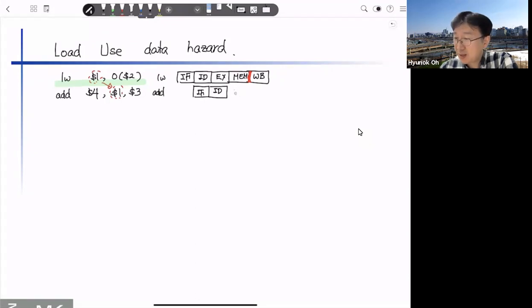So this cannot start here. We can start execution at this moment. So how many bubbles do we need? We need a single bubble.